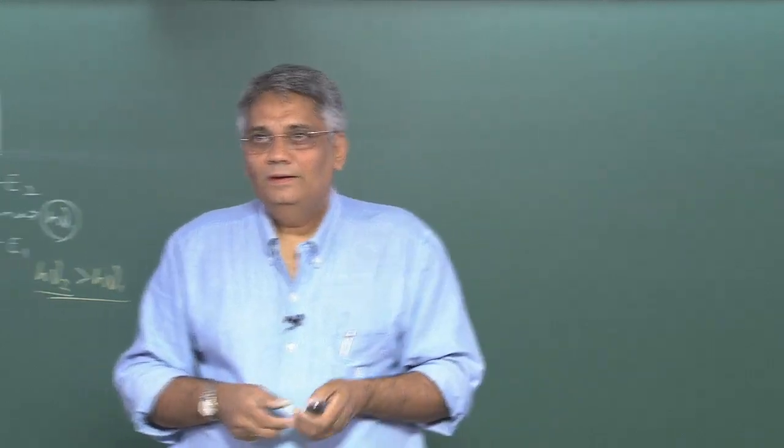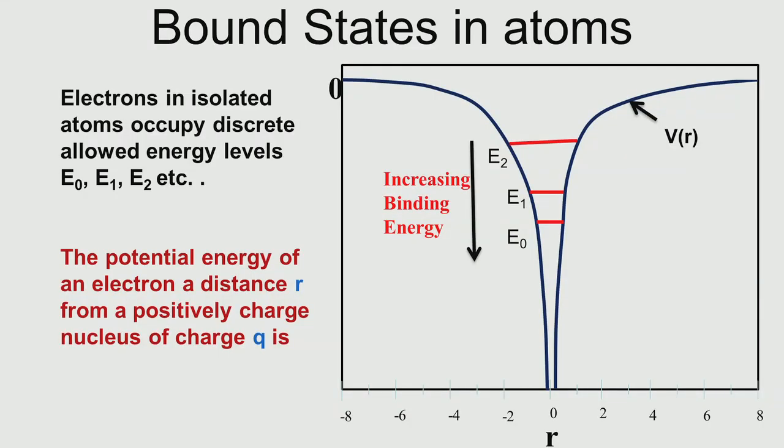Now, this is a single potential. You have a core there at the bottom, and these are the various electronic levels. And as you can see, what we have seen in the last 2 classes is as you go up the ladder, the electrons tend to be more and more free.